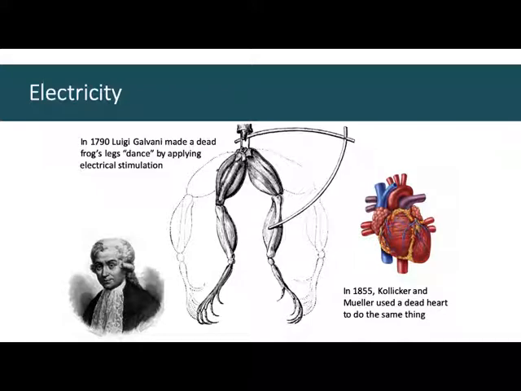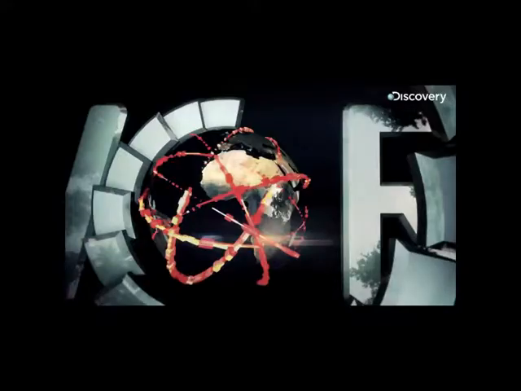So Galvani has the idea that animals, people, frogs, mammals, reptiles, etc., have this inherent electricity that keeps them alive. And when you die, that electricity is gone. So if you could restore the electricity, certainly you could bring a person back to life.